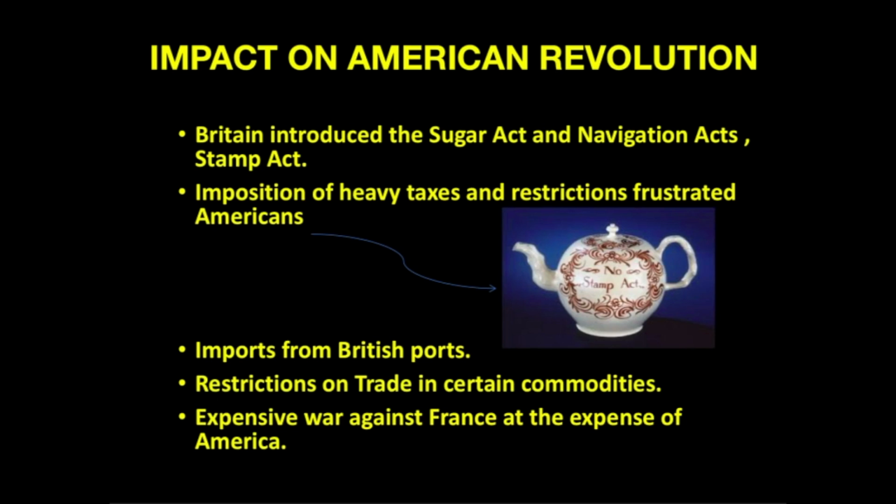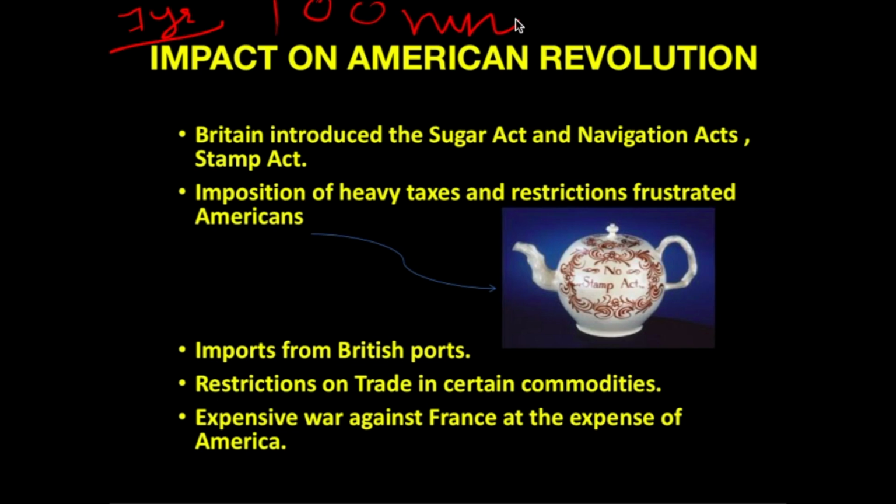Starting with the 7-Year War, the British and French states were involved in a 7-year war in which the American colonies sided with Britain, and Britain won that war. But because of this war, Britain had a debt of over 100 million pounds. This was a huge debt.